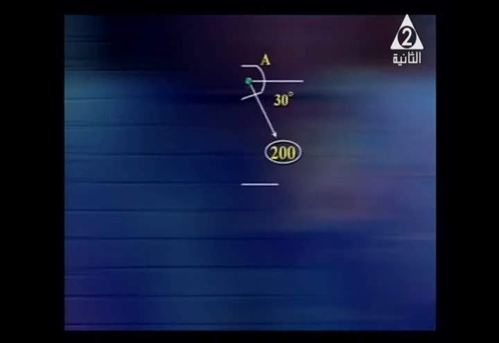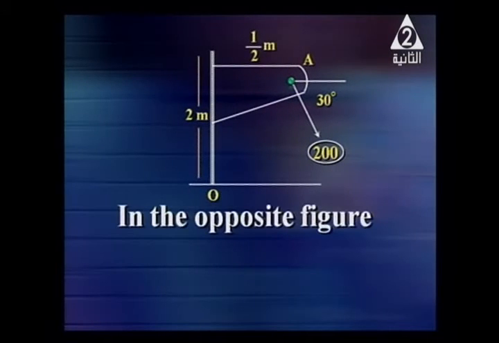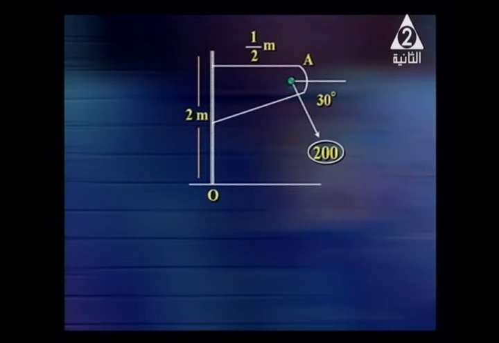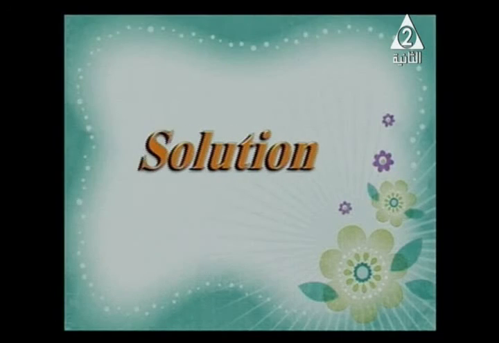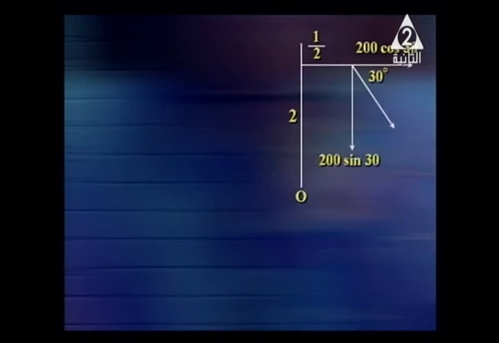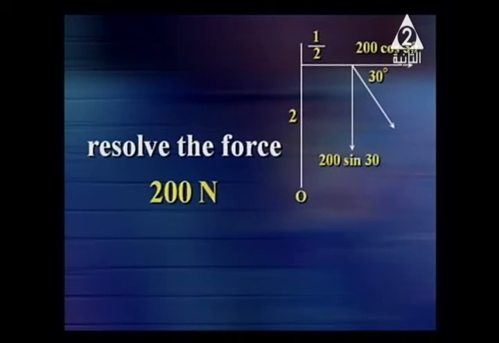Example. Look at, dear student, in the opposite figure, find the algebraic measure of the moment of the force about O. Solution. Look at, dear student, we resolve the force 200 into two components along the x-axis and y-axis: 200 cosine 30 along the x-axis, and 200 sine 30 along the y-axis.